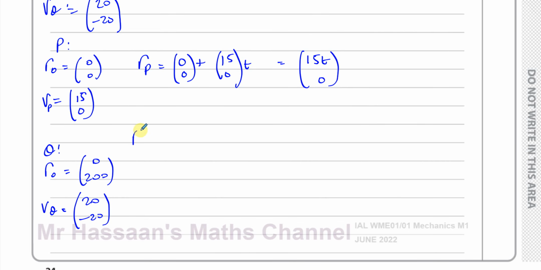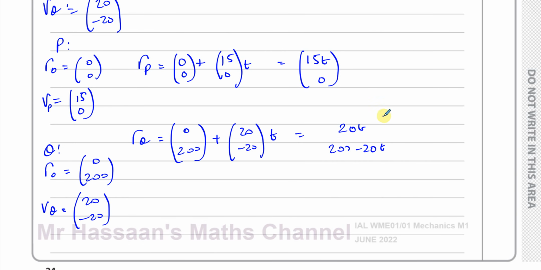So we can say that the position vector of Q is given by its original position when time was 0, which is (0, 200), plus the velocity vector, which is (20, -20) times the time. And that will give you (20t, 200 minus 20t) as a vector. So that's 0 plus 20t, and 200 minus 20t. That's the position vector of Q.